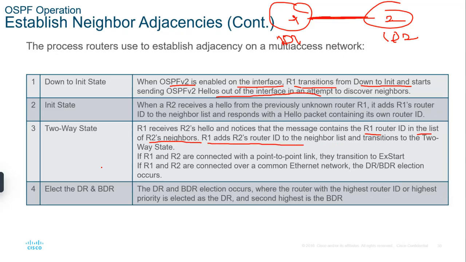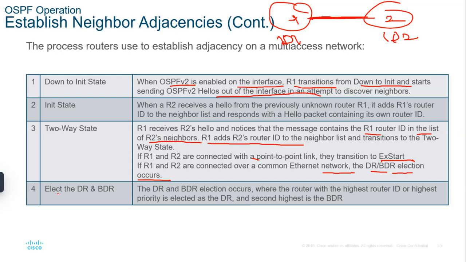In two-way, if R1 and R2 are connected with point-to-point, they transition to exstart. If R1 and R2 are connected over common Ethernet, then the DR and BDR elections occur.